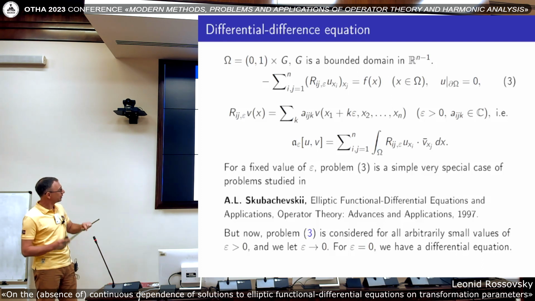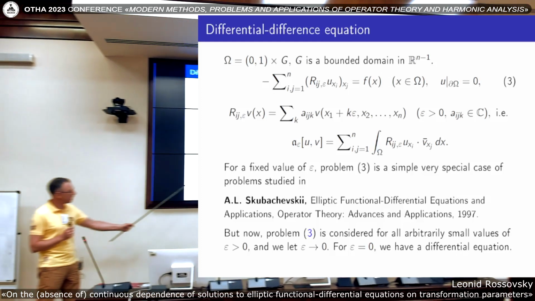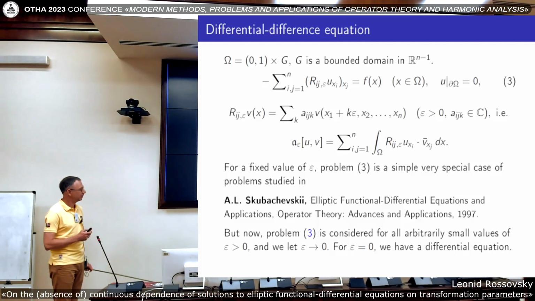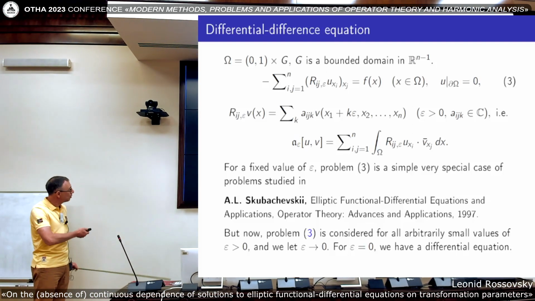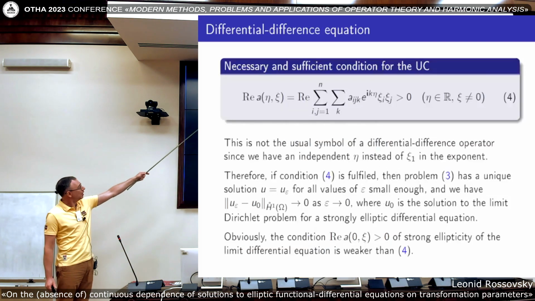But now we consider this problem for all arbitrarily small values of epsilon, and we let epsilon go to 0. And for epsilon 0, we have a differential equation. So here, how does the necessary and sufficient condition for the uniform coercivity look in this case?